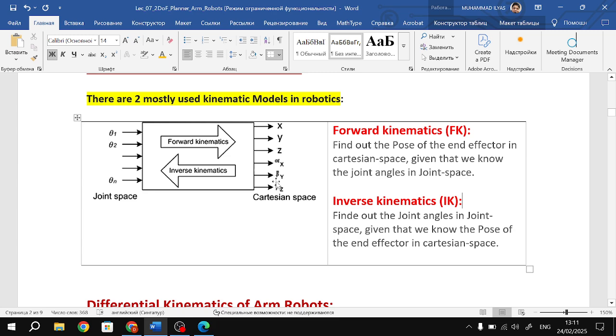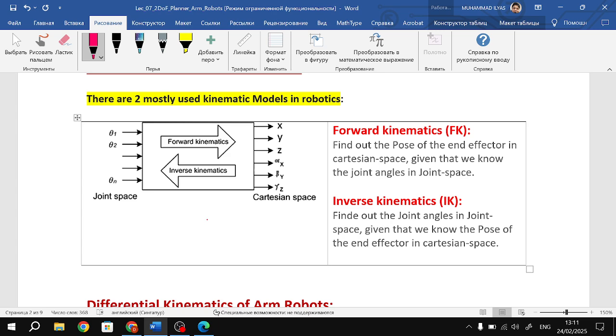And inverse kinematics is the inverse relation, where we have the position of the end-effector.